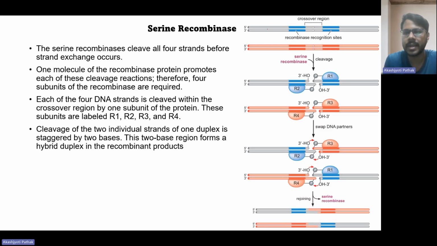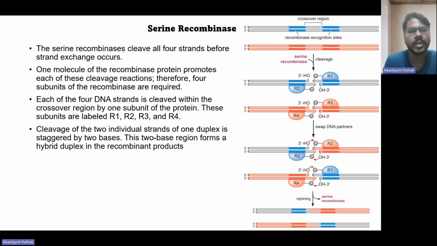Okay, so initially the parental DNA molecule had this type of organization, which is marked by these blue colored regions, and after rejoining, a different type of DNA molecule is created, where these regions have been swapped, and one of the segments of this DNA strand has recombined with the upper strand. Similarly, the same thing has happened with the lower DNA molecule.